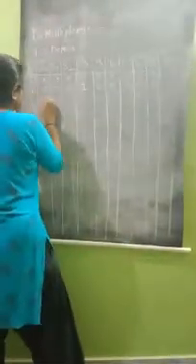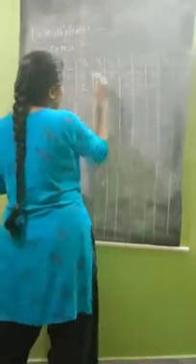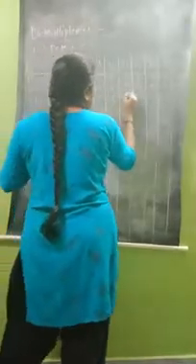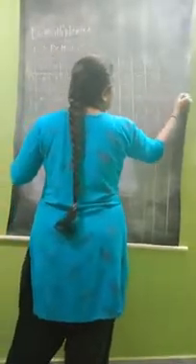And here enable 1, with 0 0 1. 0 0 1 means the output is shifted to Y1. Then like this.